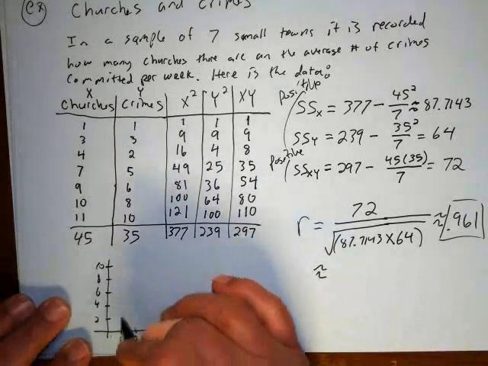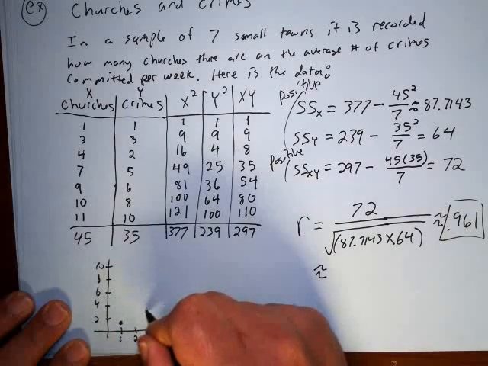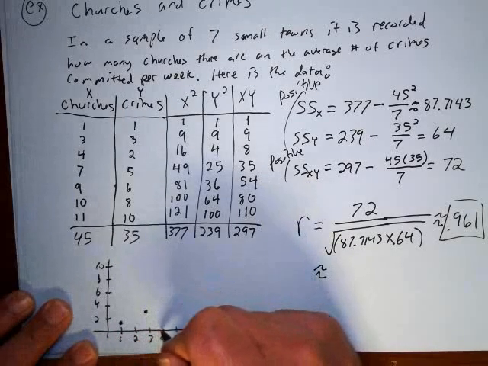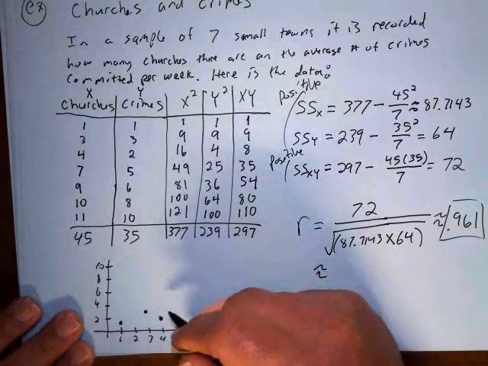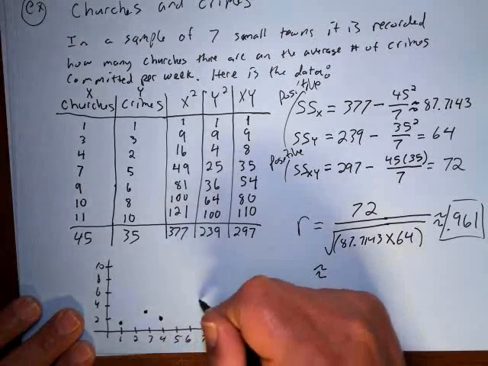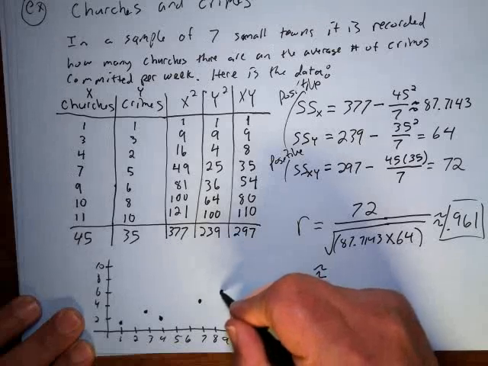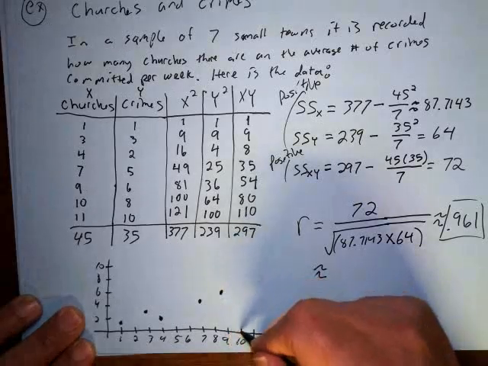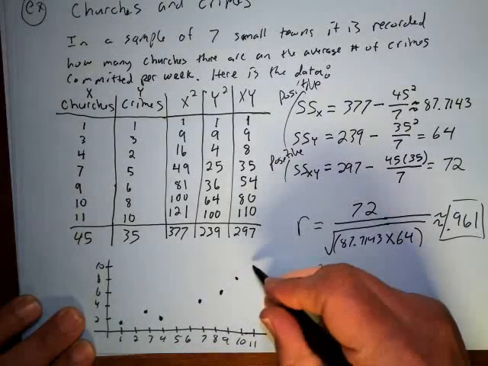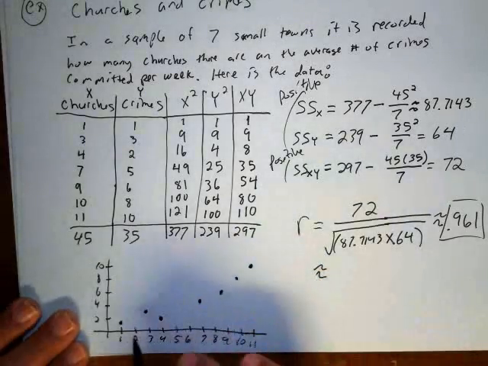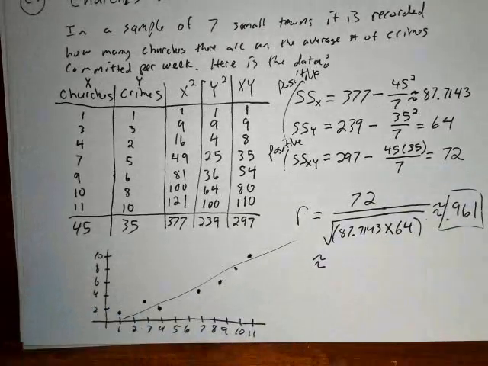And so 1, 1 would be right here. 3, 3 would be right here. 4, 2 would be down here. 7, 5 would be right here. 9, 6 right here. 10, 8 is right there. And then 11, 10 is right here. And so yes, indeed, this does seem like a very strong positive correlation.